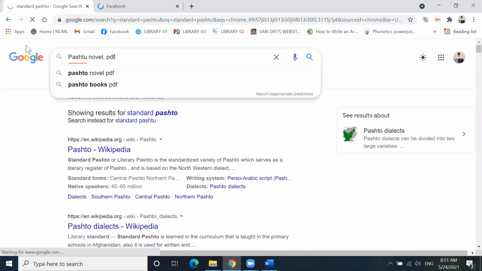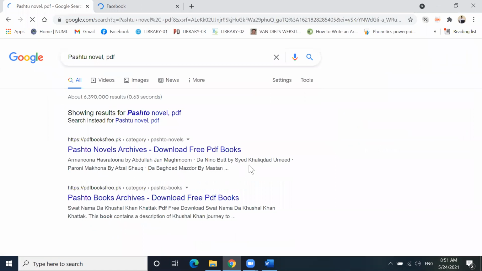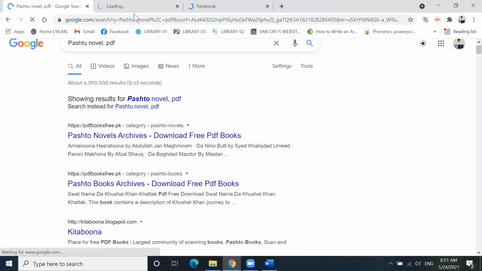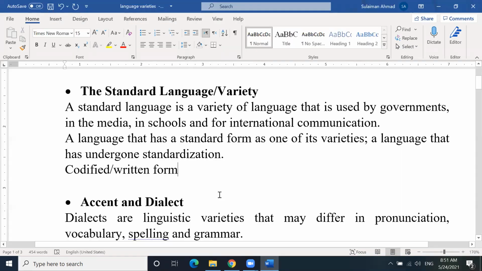Right. So the Pashto language which you and I speak is not the standard Pashto, remember, right? The standard Pashto is the one which is in written form, in codified form, which is used by the government.